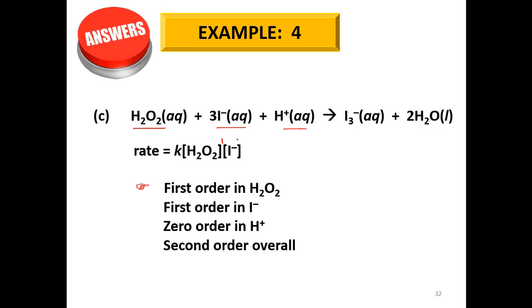Dan dia pun kuasa 1 sahaja. Maksudnya dia first order with respect to H2O2, first order with respect to I-. Kalau dia tak ada dalam rate law H plus ni, maksudnya dia adalah zero order. Zero order with respect to H plus. So overall order dia adalah second order.